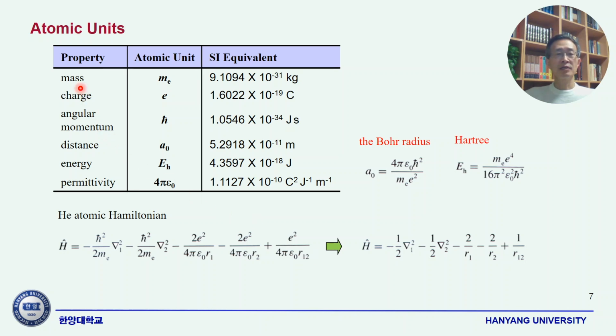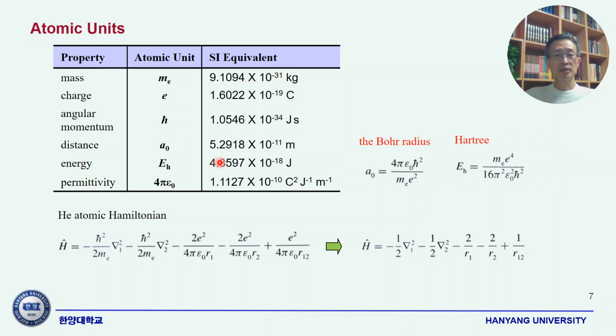So we define the mass unit by the electron mass, the charge unit by the electron charge, angular momentum by h bar, distance a0, which is the Bohr radius, given here, and energy, which we talked about, the Hartree.